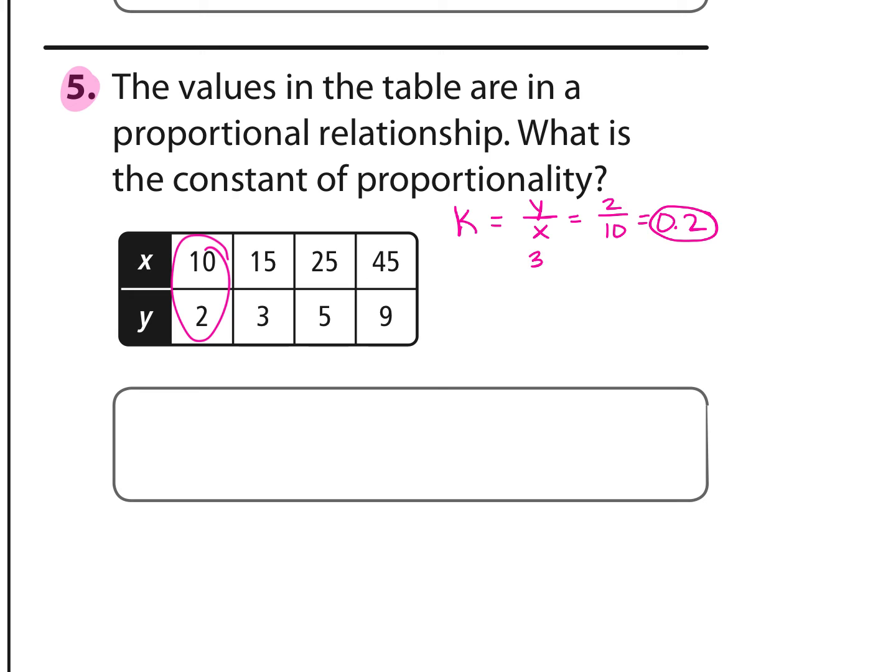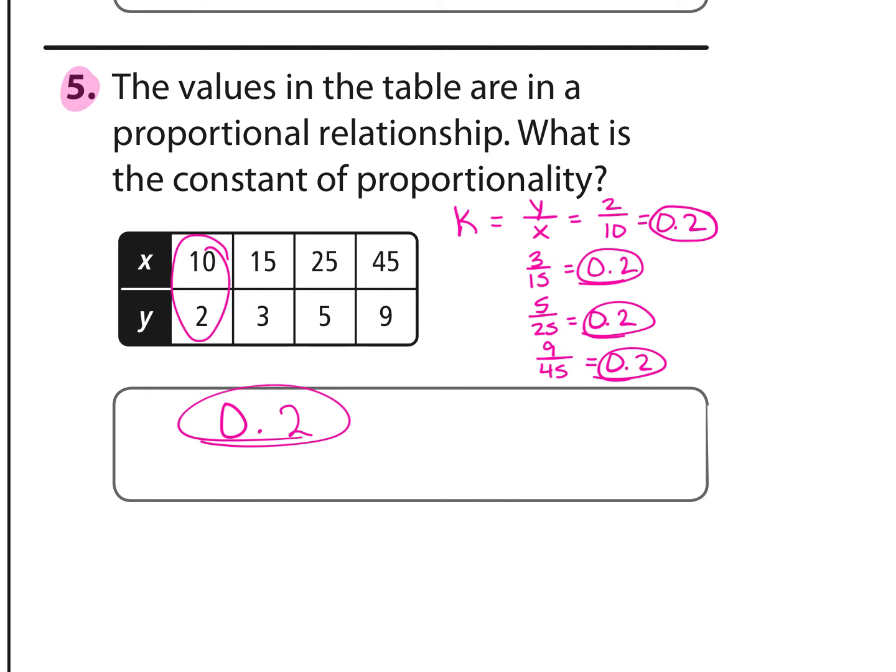We could try 3 divided by 15, that's y divided by x, which comes out to 0.2. We get 0.2 every single time. It's really unnecessary to test it for all because we're already told that it is proportional. And so the constant of proportionality is 0.2.